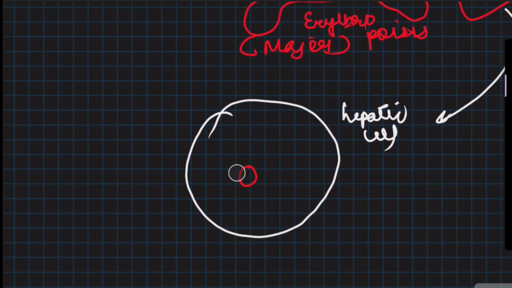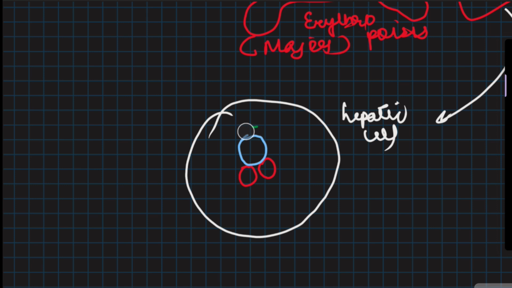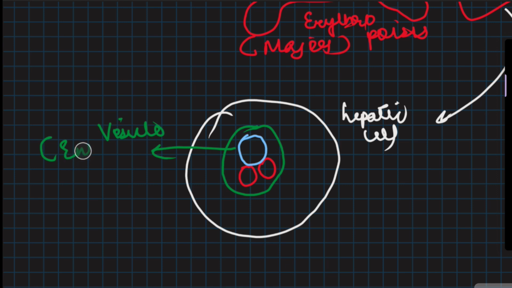So this is Fe plus 2 binding with transferrin. But in hepatic cell, we need to remember that it is all present under a vesicle, which is formed during the endocytosis of transferrin binding Fe into the liver cell.